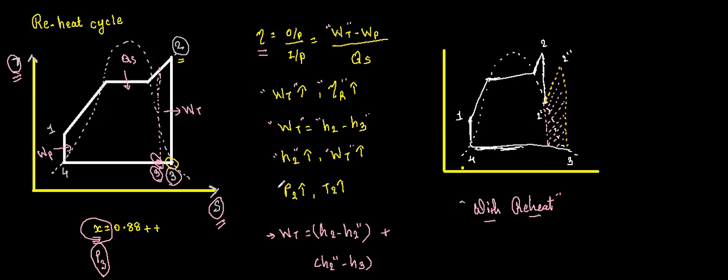And as the pressure or temperature at point number 2 increases, the work done by the turbine increases. So the work done by the turbine is equal to H2 minus H2 double dash plus H2 double dash minus H3.